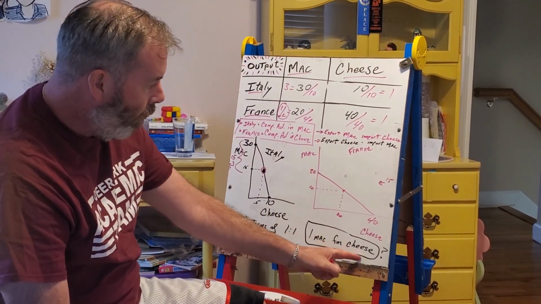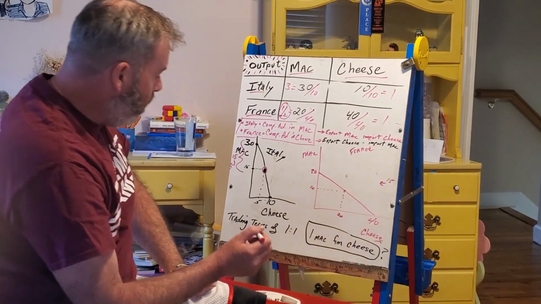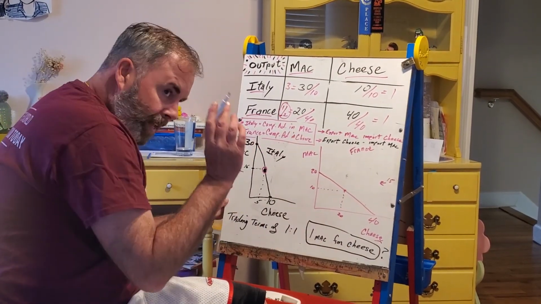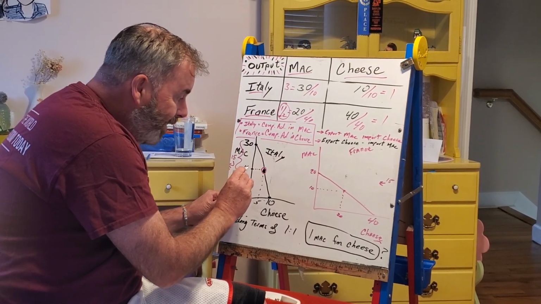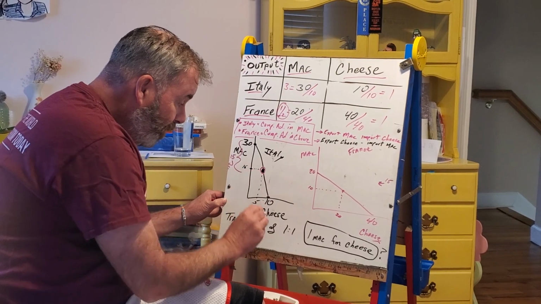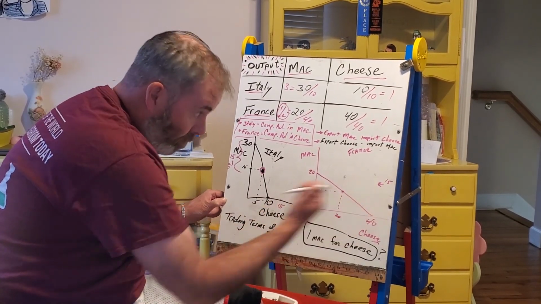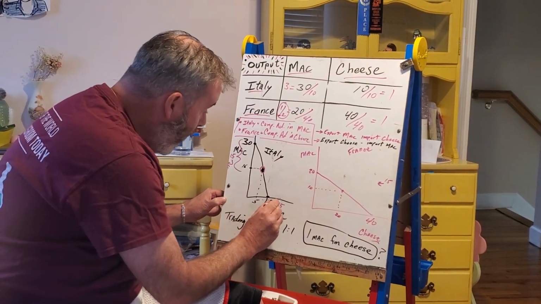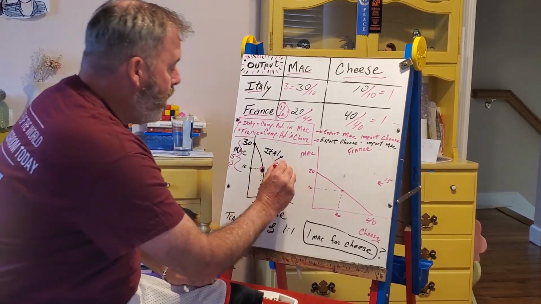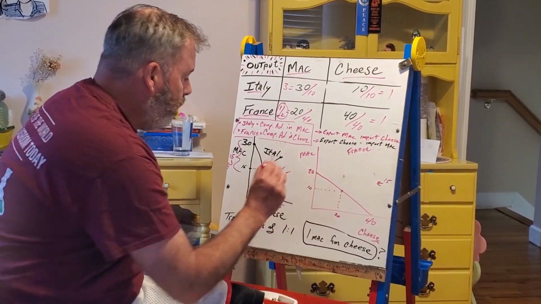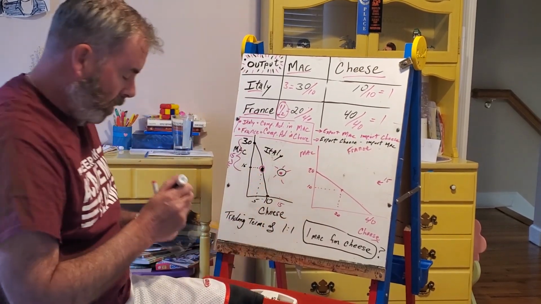If it's a 1 for 1, they're getting in return 15 units of cheese. Look what happens. They could enjoy 15 units of macaroni and not just 5 or 10 units of cheese, but 15 units of cheese from France, and that would put them outside of their PPF. And that is where everybody wants to be.